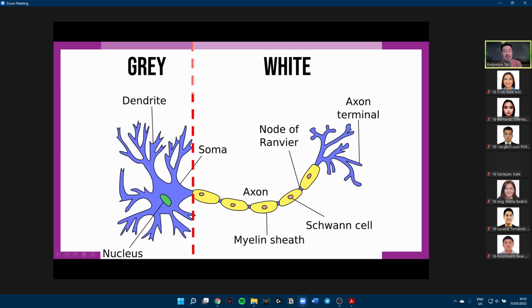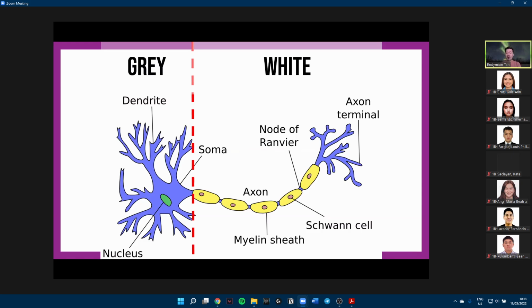Therefore, the impulses can just jump from one part to another part. And the parts of the axon without myelin sheath is known as your node of Ranvier. The impulses can jump from one node to another node. And this jumping type of conduction is called saltatory conduction, which hastens the speed of impulse transmission.